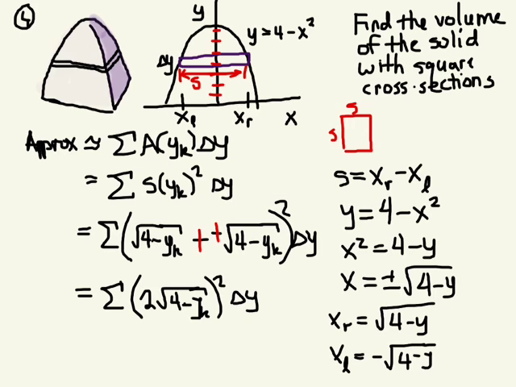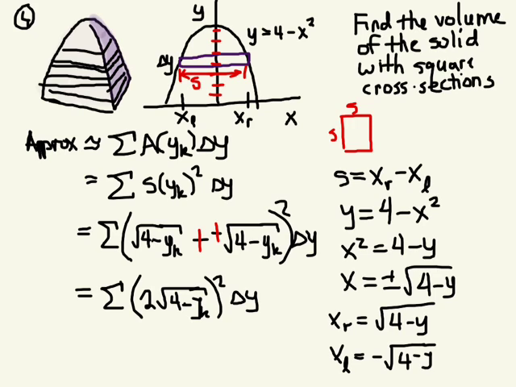So what we've done is we've imagined slicing our original figure up into lots of chunks, approximated each of those by a square, we add those up, and that would be our Riemann sum. But that's not what we really want. We want the actual volume.